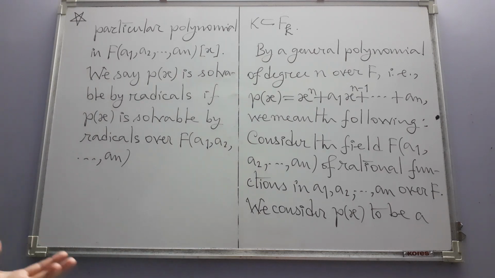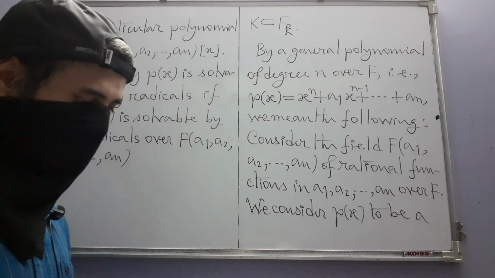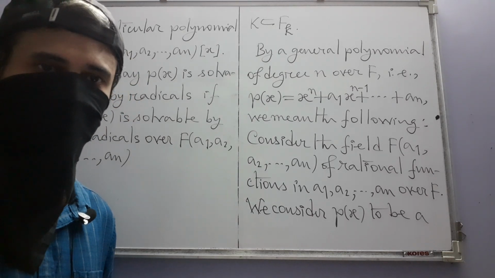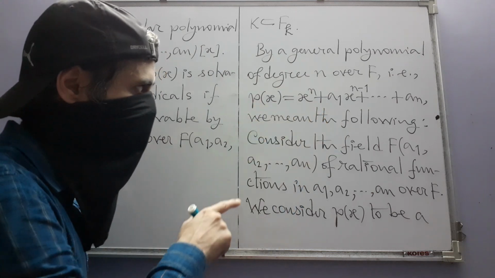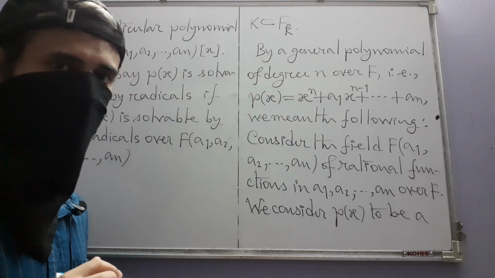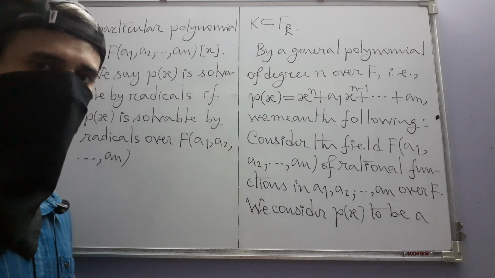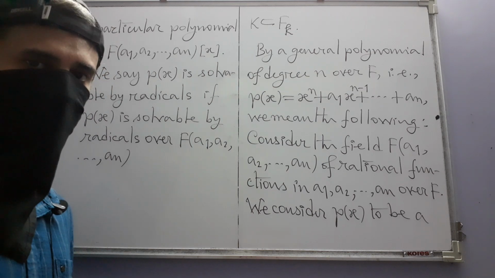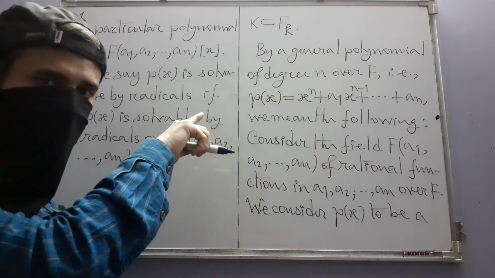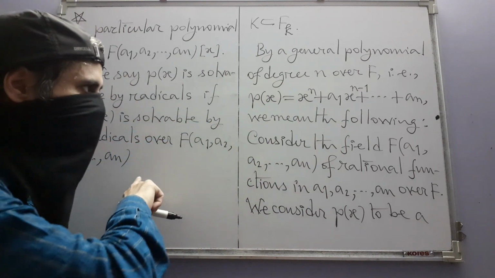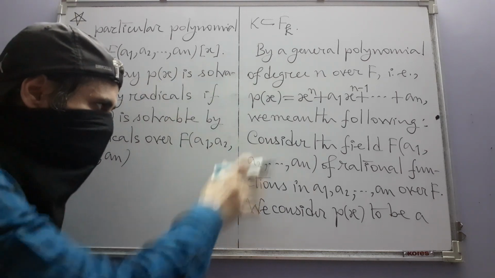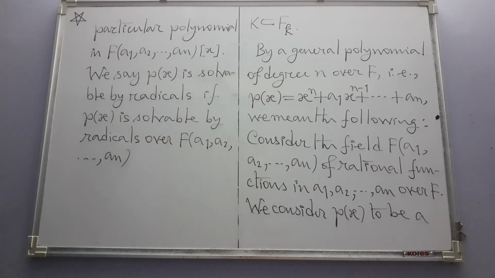And this really expresses the intuitive idea of finding a formula for the roots of this polynomial in terms of its coefficients and combinations of nth roots of rational functions of the coefficients, that discussion that we had about cubic polynomials, that in general can be made mathematically precise like this.